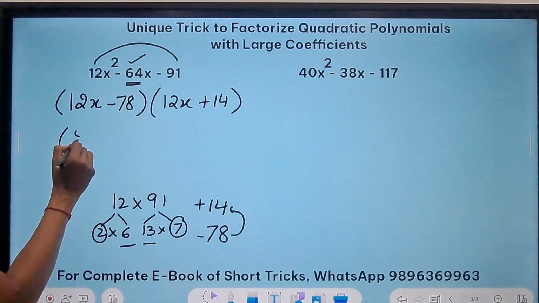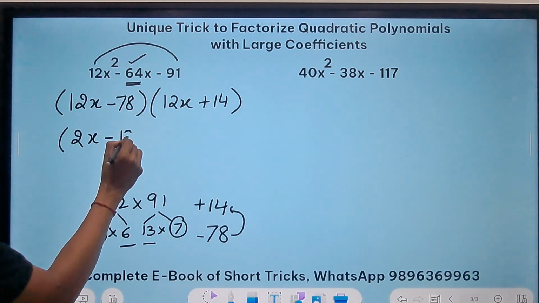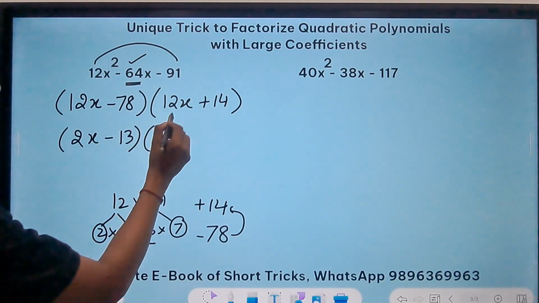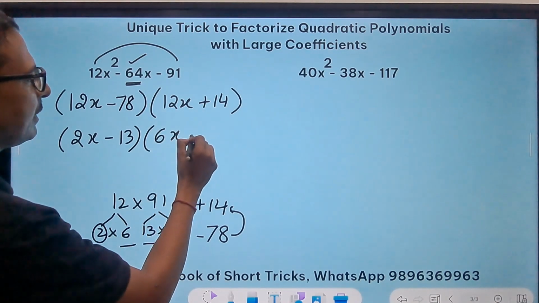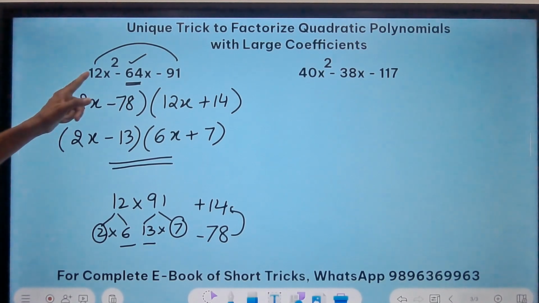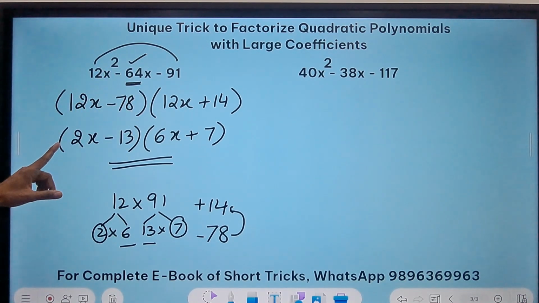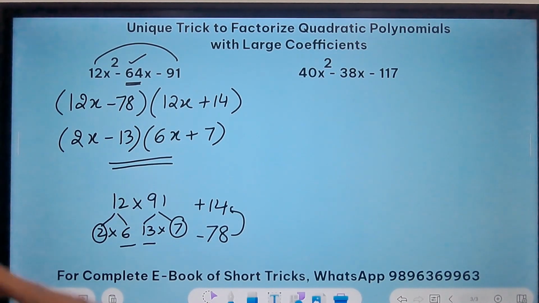So 6 2s are 12 and 6 13 times is 78. Here we have 2 as a common factor, so 6x and then plus 7. And here we go, the factors of this huge quadratic polynomial are 2x minus 13 and 6x plus 7.